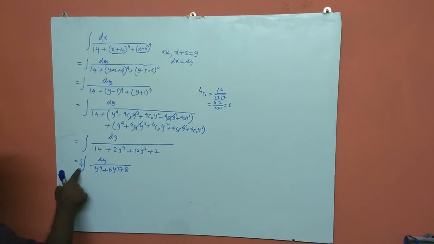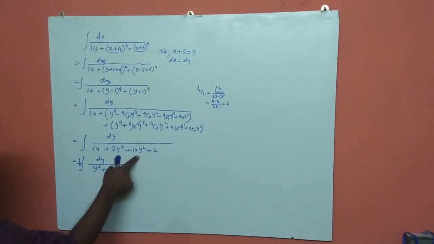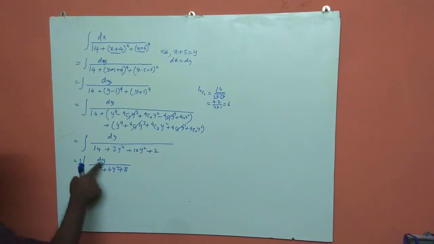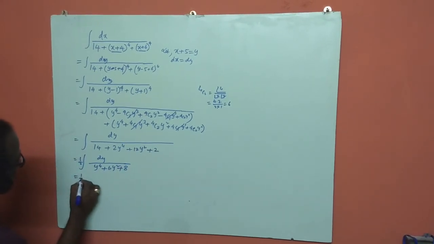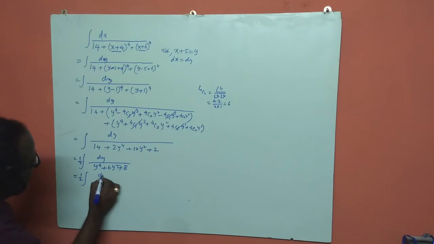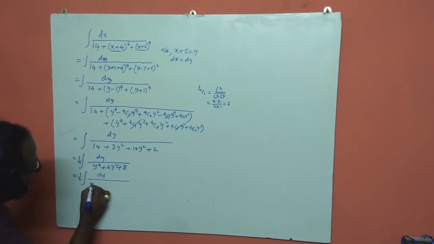Y square taking common 2, 16, 12y square taking common 2, 6y, and this is 16 taking common 8. Okay, well done. The factor is good now.